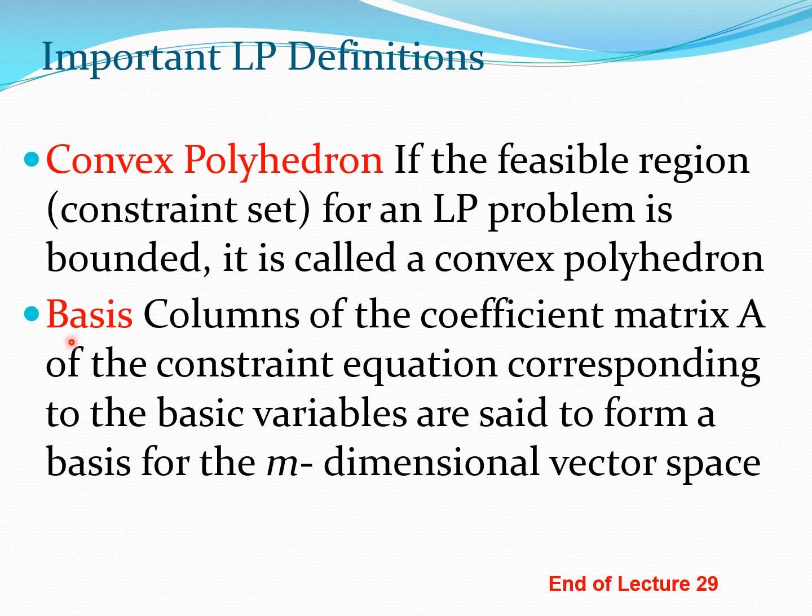The basis is a definition which means the columns of the coefficient matrix A of the constraint equation Ax equals b corresponding to the basic variables are said to form a basis for the m-dimensional vector space.